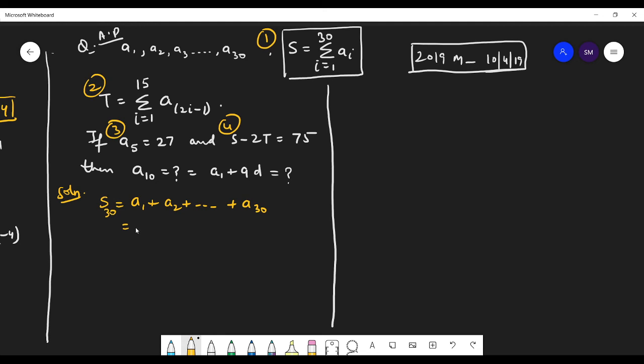That will be n by 2, so 30 by 2 is 15, into 2A1 plus n minus 1, so n is 30, 29d. Very good. So S is this. So we can find the value of S and we can find the value of T and put it in equation number 4. A10 is 52. So this is equation number 1. Now what's equation number 2? T is equal to.